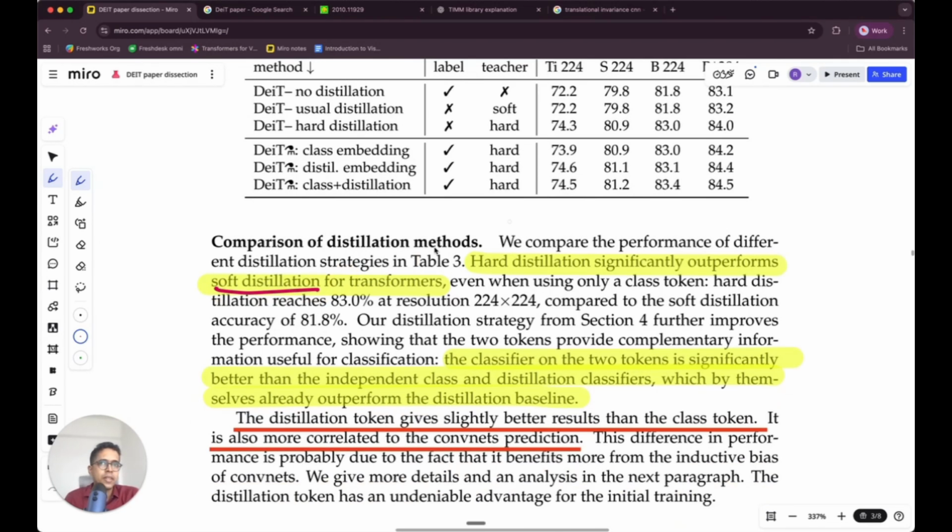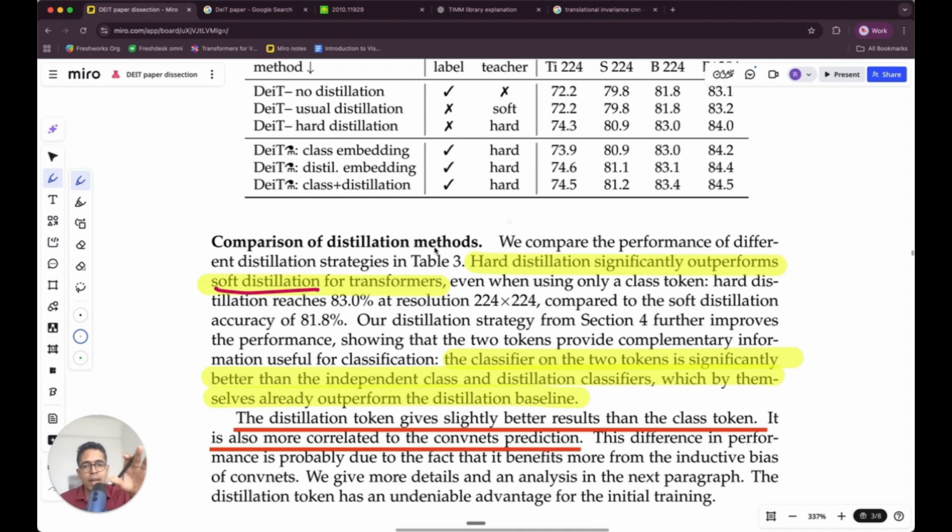I thought soft distillation was better because in soft distillation, we are giving the softmax probability scores. In hard distillation, we are just saying the argmax, whichever is the highest probability score, that index item is told to be the ground truth. So in my mind, the whole point of teacher is not just to get the ground truth from the teacher, but also to get the softmax distribution from the teacher.